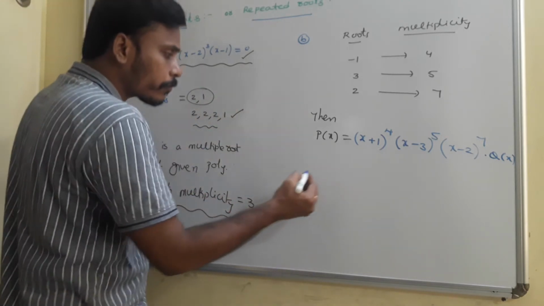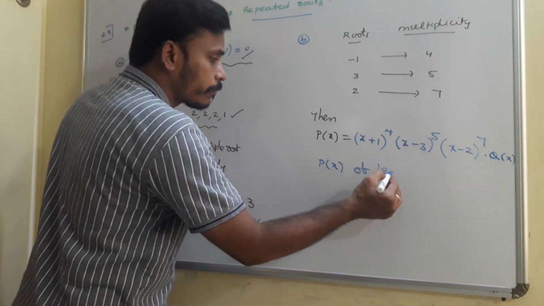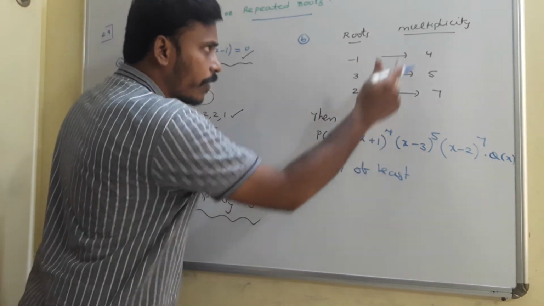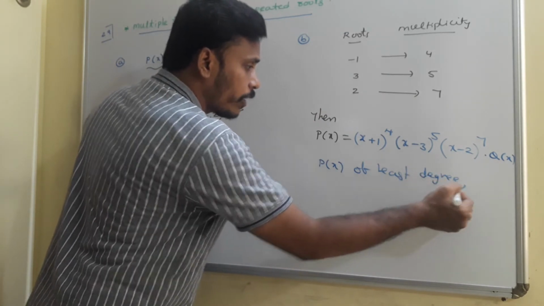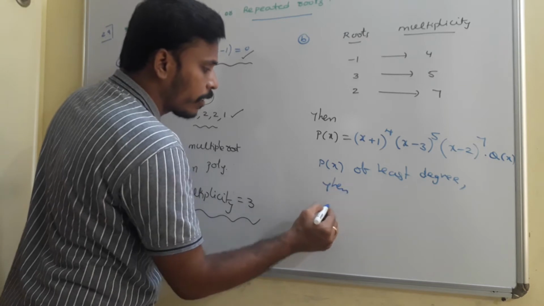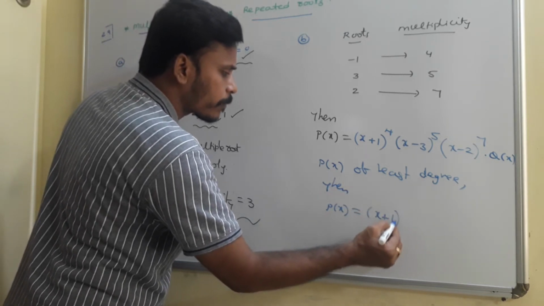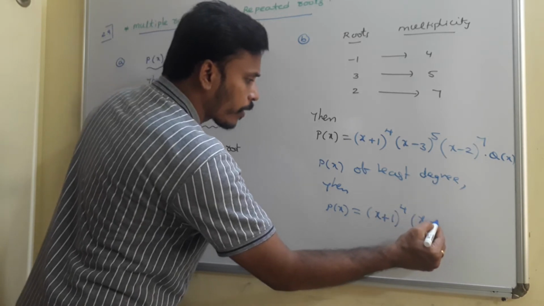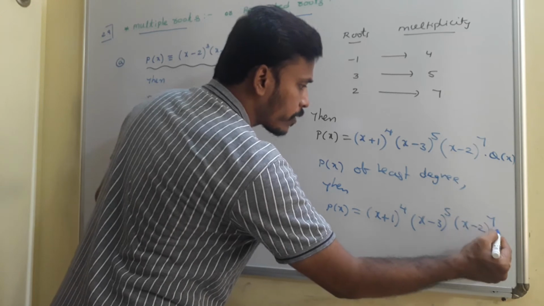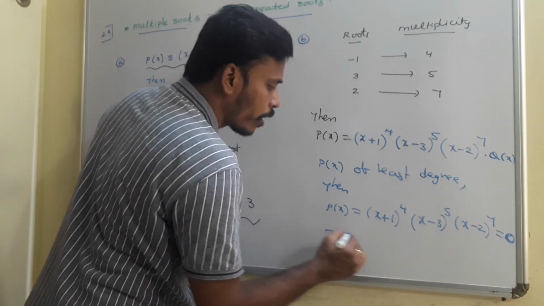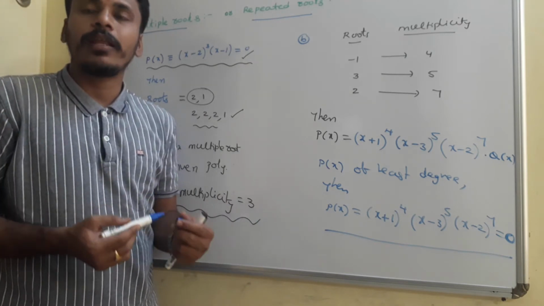Suppose you are required to give p of x of least degree, with these roots and these multiplicities, then for sure we are very clear that (x plus 1) whole power 4 into (x minus 3) whole power 5 into (x minus 2) whole power 7 equals 0 is the required polynomial equation.